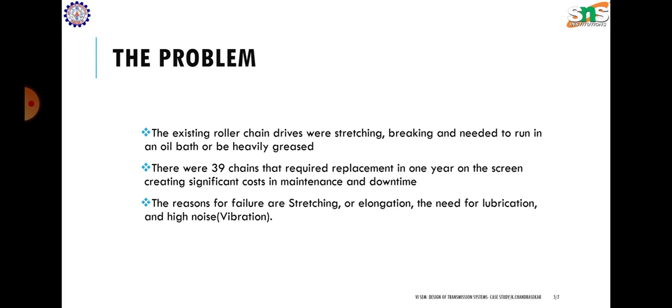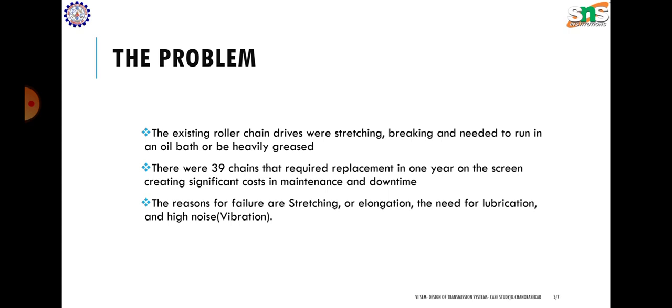The chain stretches, it also breaks in a shorter period, and it needs to run in an oil bath. So oil is needed, and breaking, that is the life is very short for this application, and also elongation. Elongation of the chain is found. So these are the problems.